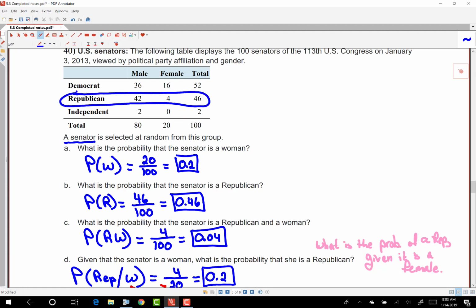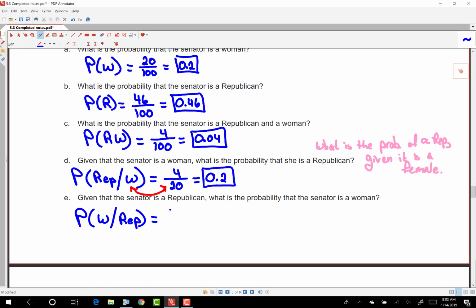And so our bottom number is going to be 46. And then how many of those are women? 4. So it's 4 out of 46, which is 0.0870.